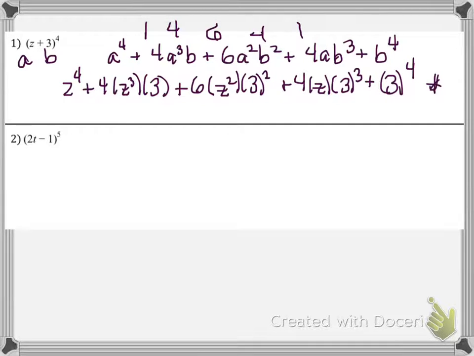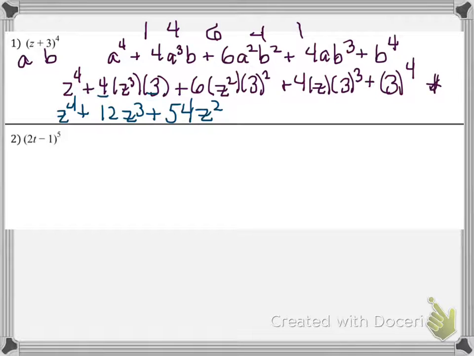So this is the bare minimum that you need to show, right? Just plugging in the values. Now we simplify. So we have z to the 4th plus, we have 4 times 3, which is 12z cubed, plus 3 times 3 is 9, 9 times 6 is 54z squared.